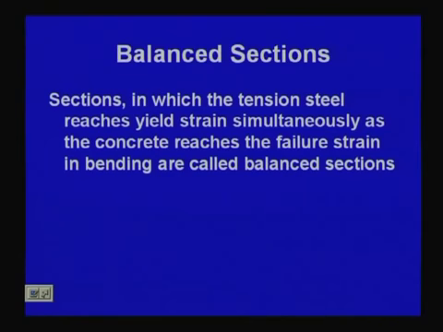Sections in which the tension steel reaches yield strain simultaneously as the concrete reaches the failure strain in bending are called balanced sections, because we are considering beams, and that is mainly for bending, the dominating one. So, we shall consider a section as balanced when concrete and steel both simultaneously reach the specified limiting strain.